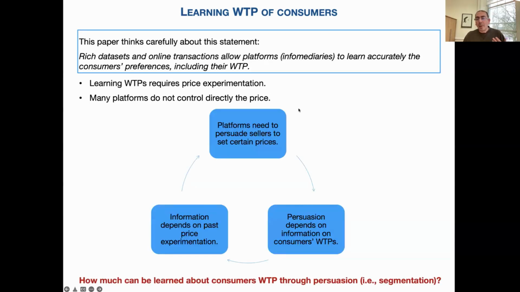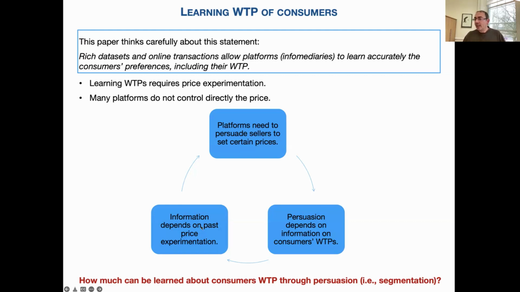And so platforms need to try to persuade sellers to do price experimentations. But the way in which a platform can persuade a seller to do the price experimentation depends on the information that the platform has about consumers' willingness to pay, and the information that platforms have depends on experimentation that occurred in the past.